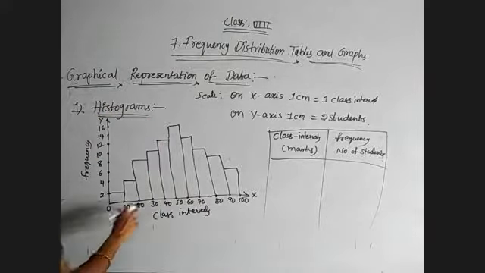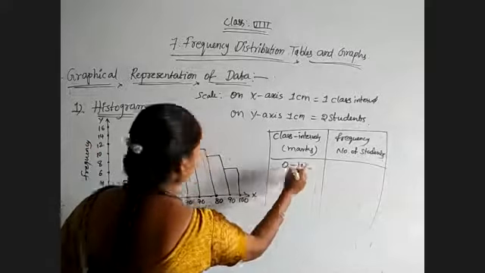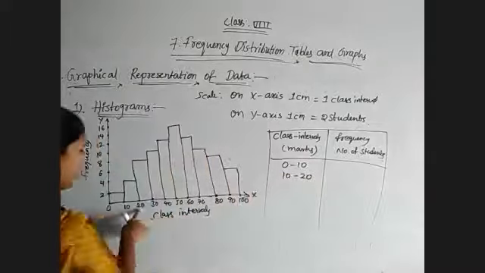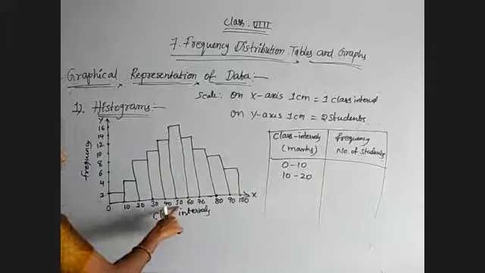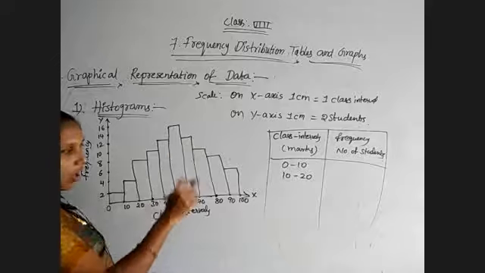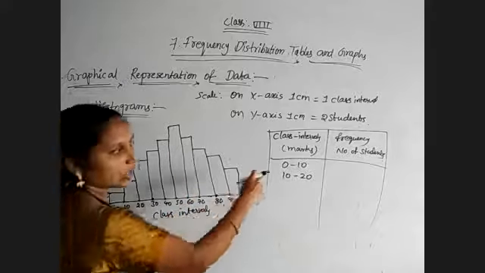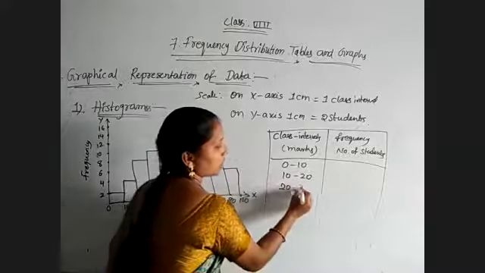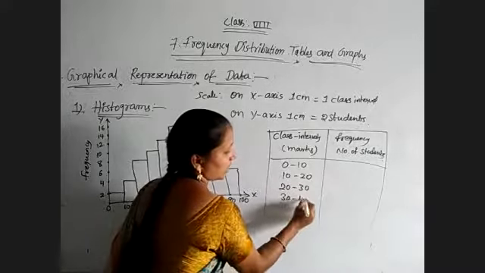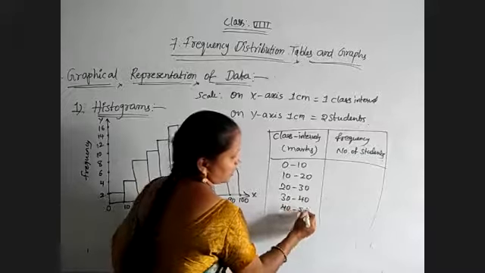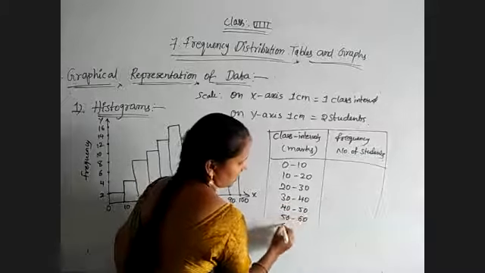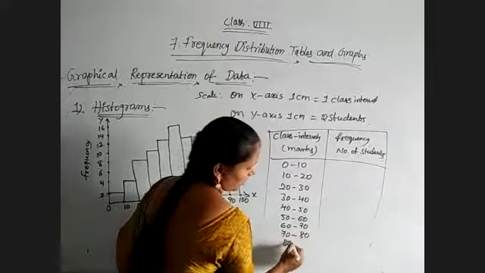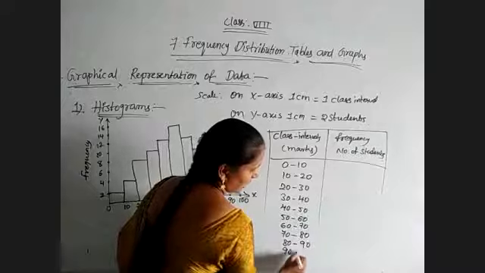0 to 10 is the first class interval, 10 to 20, 20 to 30, 30 to 40, 40 to 50, 50 to 60, like that. All intervals are given in continuous form, that is exclusive class intervals, till 100: 60 to 70, 70 to 80, 80 to 90, 90 to 100.